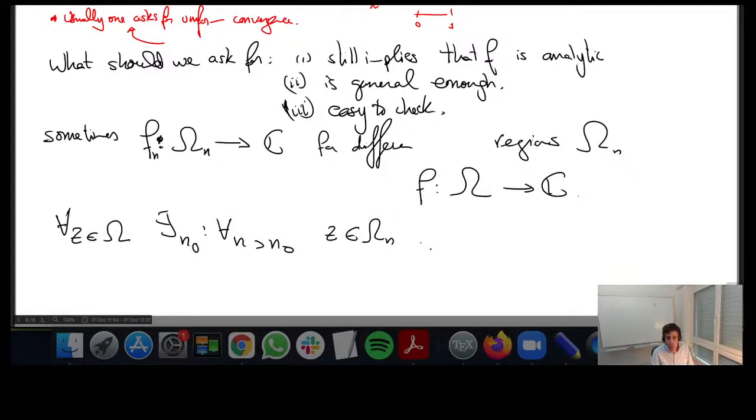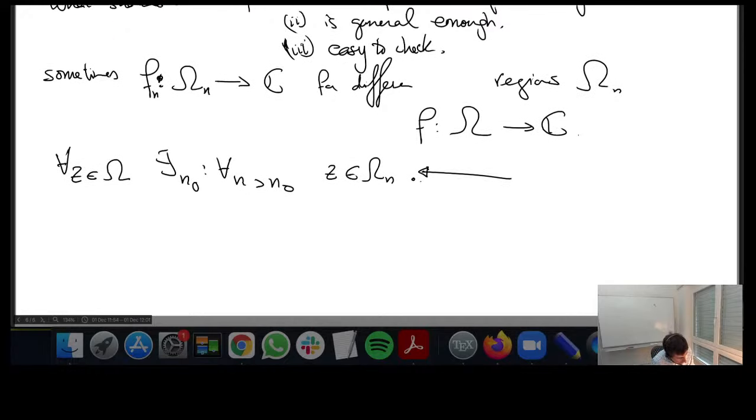So you should think of it as okay if omega_n starts small and is growing, and it converges to some omega, as long as, for you to talk about limits, for every z there is some n such that for any n bigger than that, all the functions f_n are defined and analytic there. Okay.